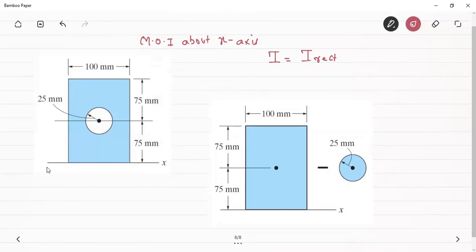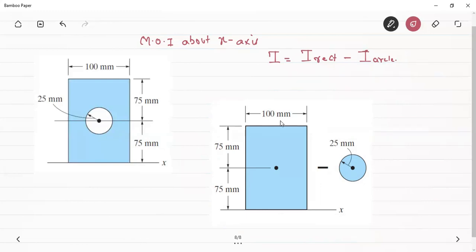So the moment of inertia about this x-axis will be equal to the moment of inertia of this complete rectangle about the x-axis minus, you can see that this circle has been cut out from it, the moment of inertia of this circle with respect to the x-axis. So the moment of inertia will be equal to moment of inertia of the rectangle minus moment of inertia of the circle. Okay, so individually we will compute the moment of inertia of these components about the x-axis.